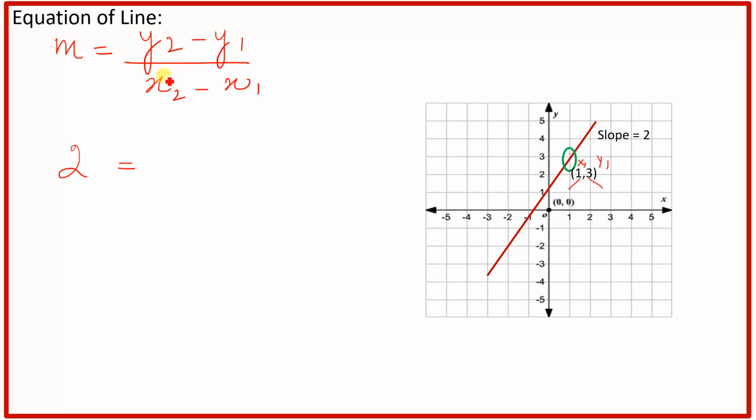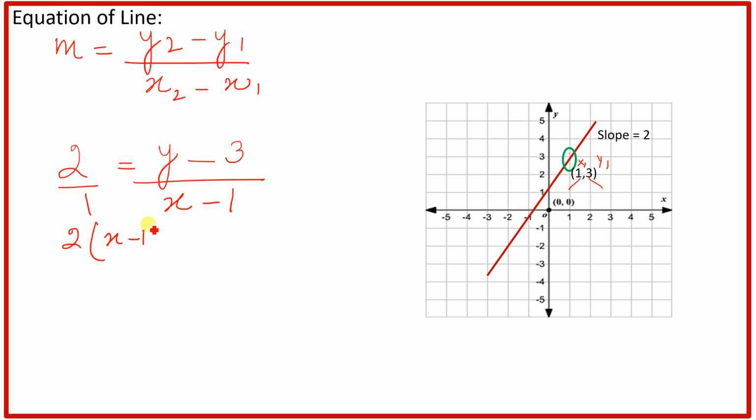We do not have the other one, so instead of y2 we can write down only y, because y2 and y1 are used when we want to differentiate. But if we have only one pair, y is fine. y minus 3 divided by x minus 1, because this is x. Right, now we will cross multiply it.